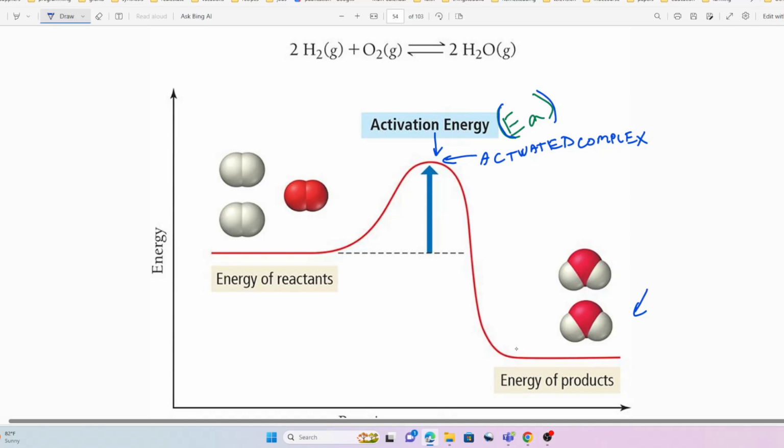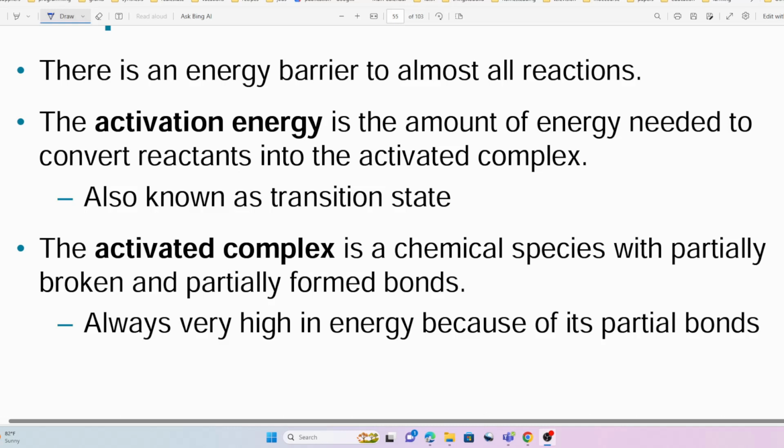So the reactants have to begin to react together, and in order to do that, they have to overcome this activation energy barrier to move forward to form products. This activation energy is the amount of energy needed to convert reactants into the activated complex, which is at the top of that energy barrier and is also known as the transition state.